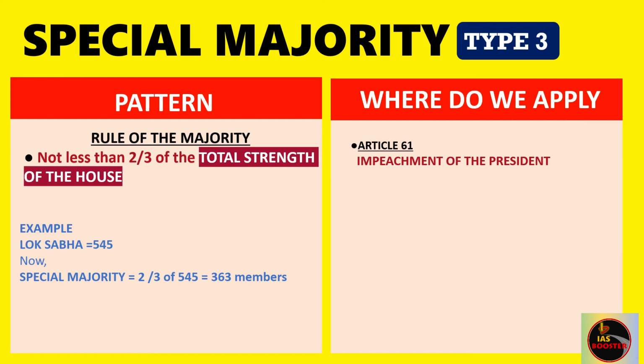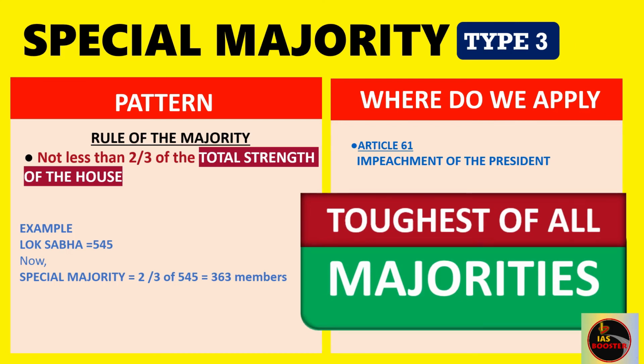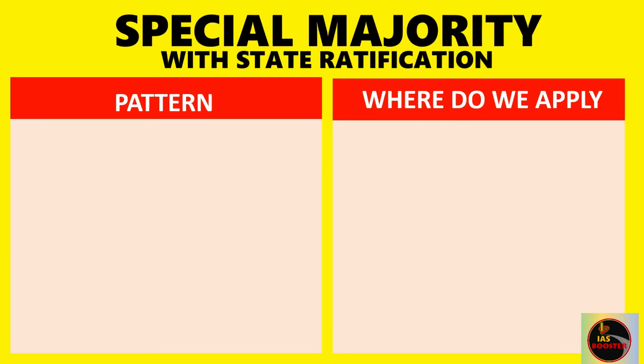I want to tell you one thing about special majority type 3. This is the toughest of all the majorities. Now let's go across to one of the special majorities that we need to understand, since we are living in a federal structure or a federal country. This is all about special majority with state concerned.